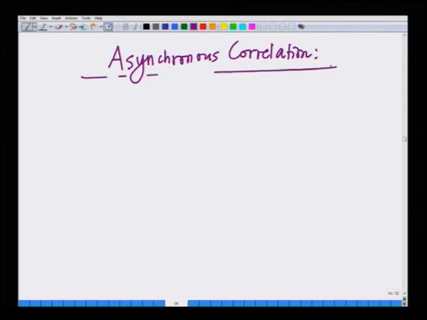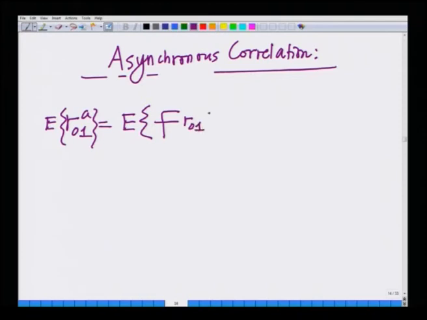So the asynchronous correlation, R01 of a, is expected value of f R01 of minus 1 plus 1 minus f R01 of 0.